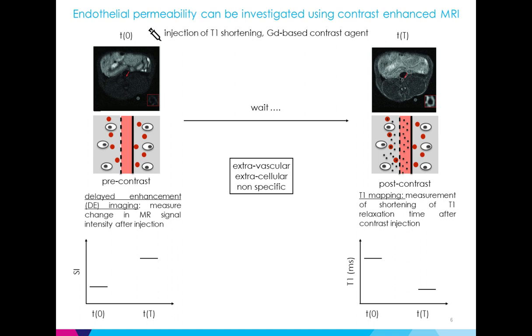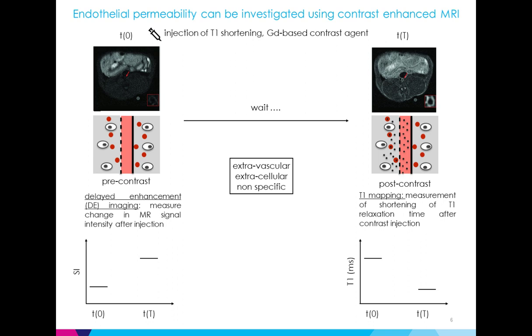And contrast agent uptake can be identified and measured in a couple of different ways. We can simply look at signal enhancement, which is basically what I mentioned before, the signal getting brighter after the injection of contrast with respect to before contrast agent injection, that you can find here in these schematics.